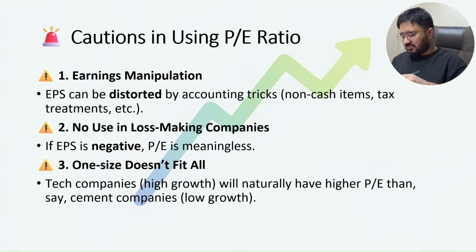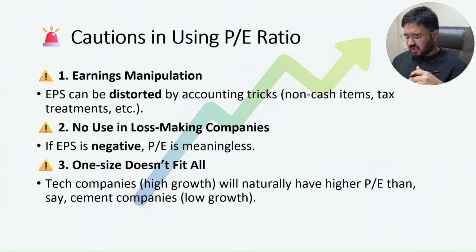Price to earnings can be manipulated by accounting manipulations, because it involves earnings, and earnings could be manipulated as well. So it's not a sole indicator. However, it's an indicator that you can use at the end of your analysis to make an entry or an exit from a share.